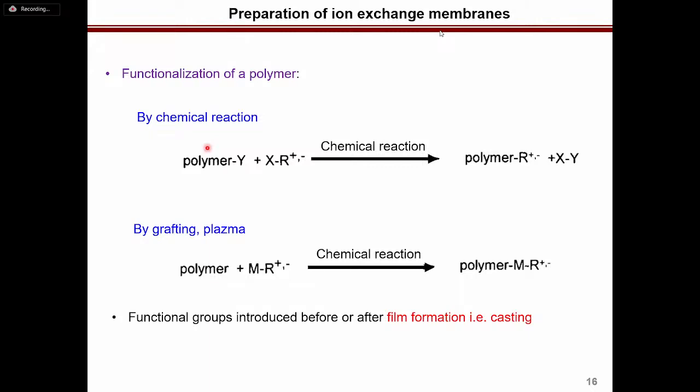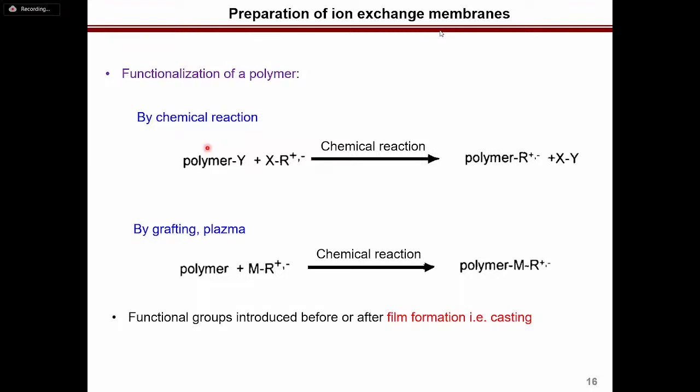So you can have a polymer with a backbone, then directly introduce the functional group into the backbone by a certain chemical reaction, or by grafting, plasma grafting, or different other methods. This is the most common method to functionalize the membranes with the polymer backbone with the functional groups that you want. The functional group can be either cation or anion and so on.